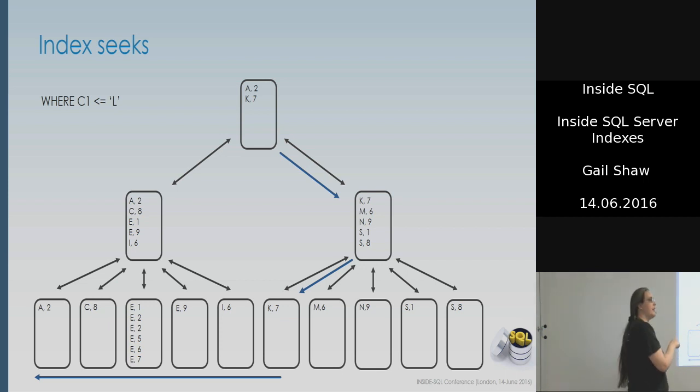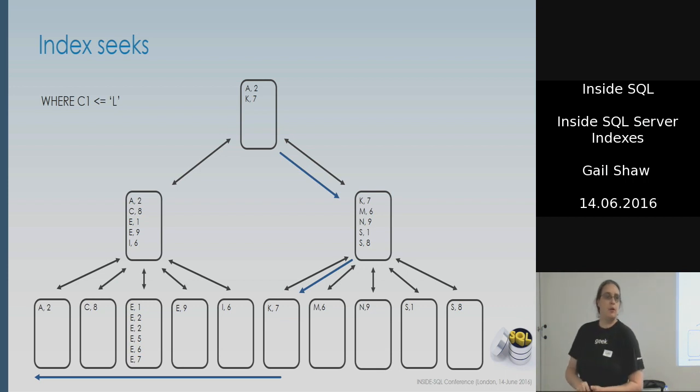This is not an index scan. This is an index seek, because we looked down the B tree to find the start or end of a range. This is often called a range scan. But if you're looking in an execution plan, this shows up as an index seek operation. And we've got a backward scan looking for the matching rows.